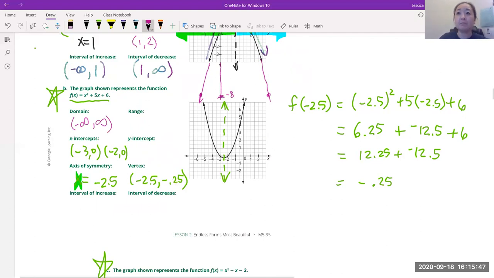So that's going to be my lowest, and then we're going to go up higher. My lowest is negative 0.25, and then it's going to go all the way up like this. So that's going to be positive infinity.